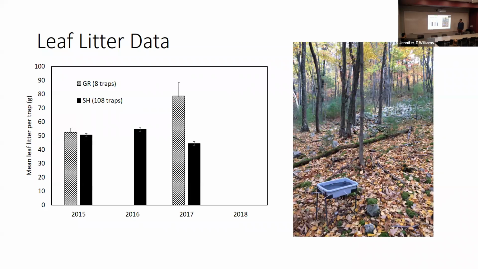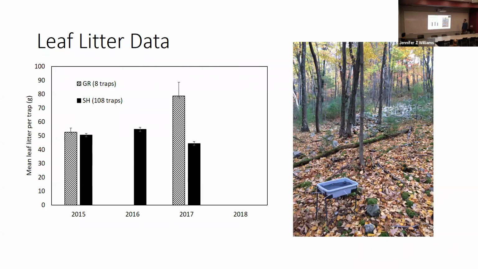So to present some of the leaf litter data that's been collected over these years, as I mentioned, there's one gap for the Garner Run at this point, and 2018 is continually being collected. What I see in this is that the black bars, which are Shale Hills, show really only a little bit of variation in the amount of leaf litter falling per trap. And if we compare that thus far to the 2015, you see there's a lot of variability at Garner Run.